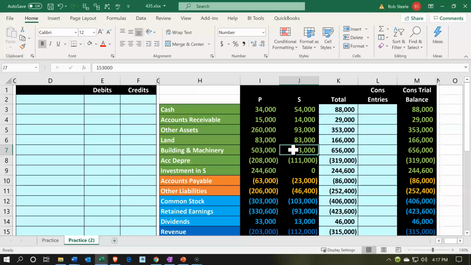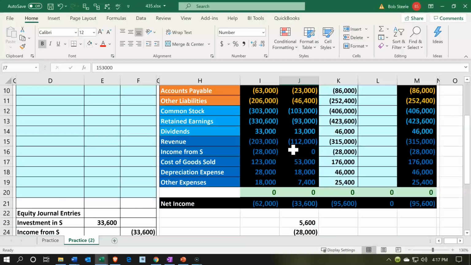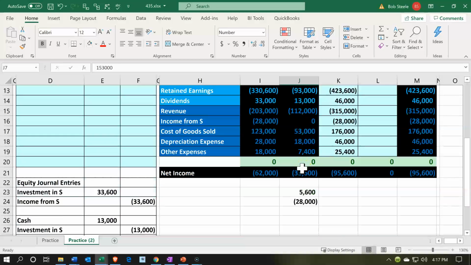So in other words, when you think about the equity method and the recording of the net income on P's books for S's net income, because P owns 100% of S, are they taking into consideration the change as a result of the difference in the property, plant, and equipment when they record that equity method? Now, I've seen problems that have taken that into consideration and some that don't.